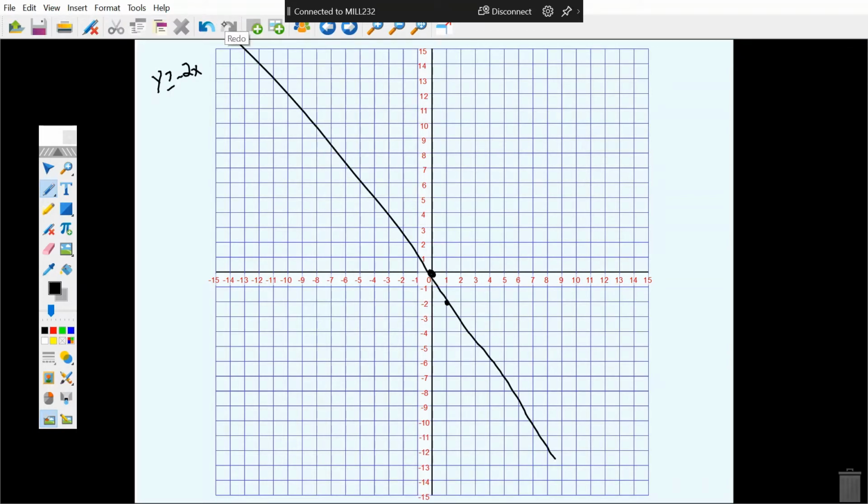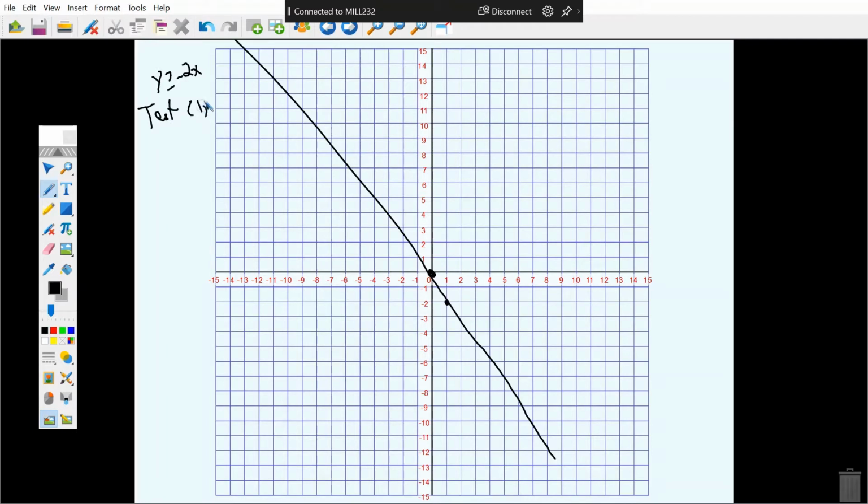So we've graphed the first inequality. Now we have to perform the test to see whether the solution set is above the line or below the line. Normally we use the numbers 0 and 0 as our test number, but we can see that number's on the graph this time. We can't use that. So we just pick a random number. We can use here 1 and 1. Looks like a perfectly valid test point.